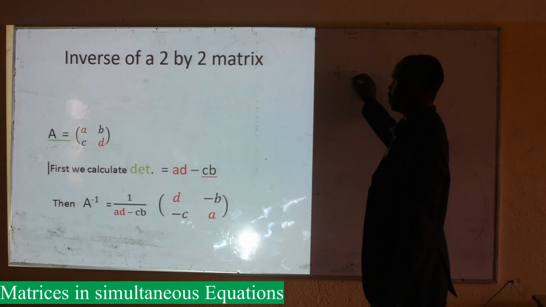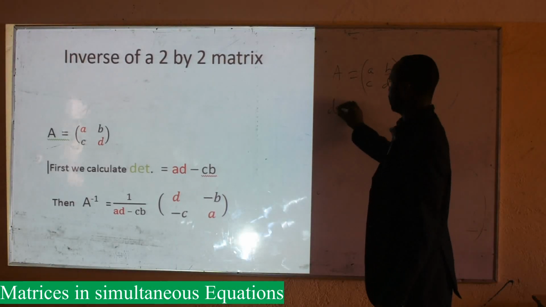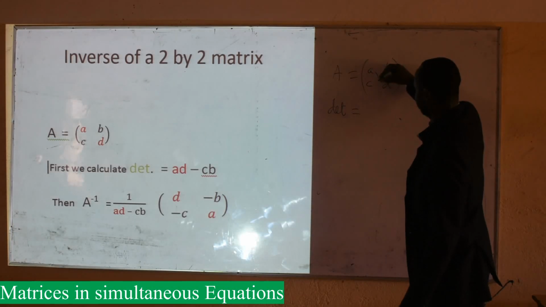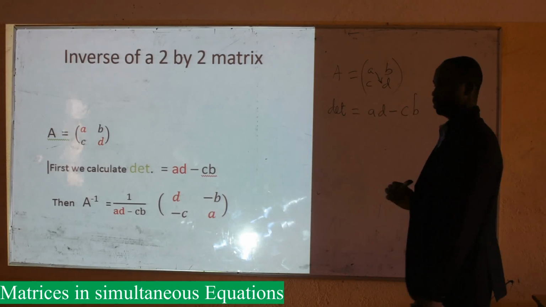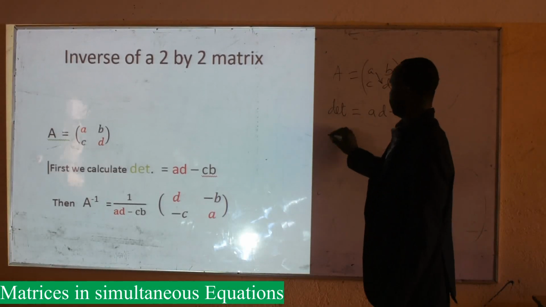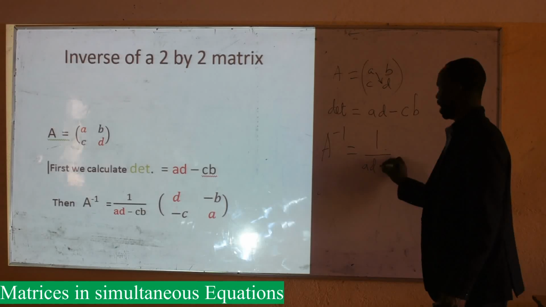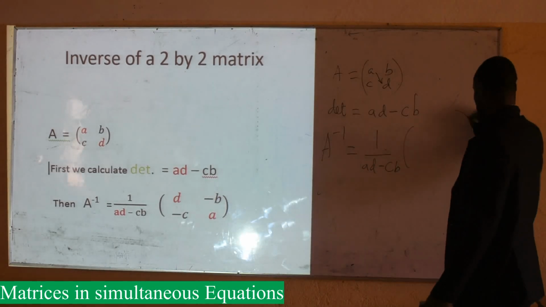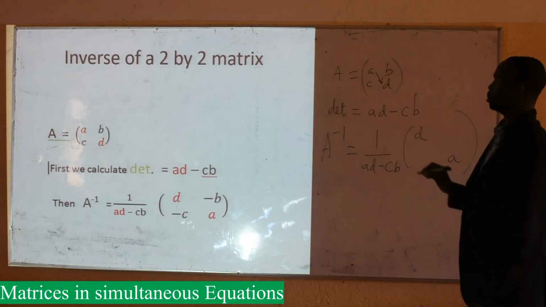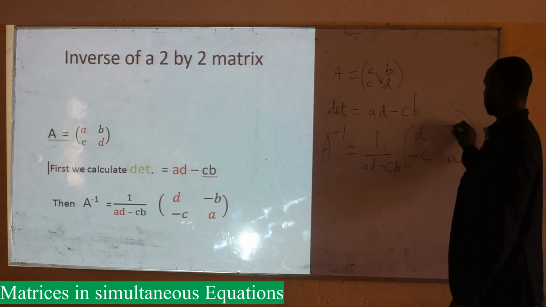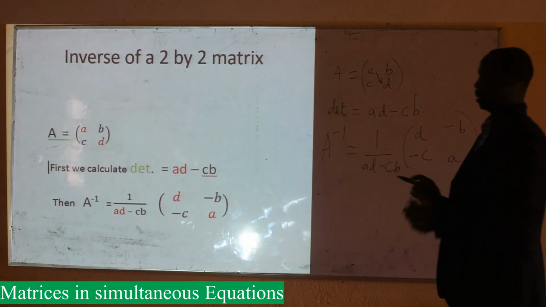So if we have A equals the matrix A, B, C, D, you need the determinant. The determinant equals A multiplied by D minus C multiplied by B. Then A inverse equals 1 over the determinant, AD minus CB, times the matrix where you interchange the leading diagonal: this is D, this is A. Then you negate the other two, you negate C and negate B. That is the inverse, and this is applicable in simultaneous equations.